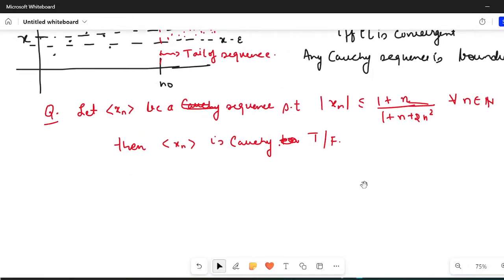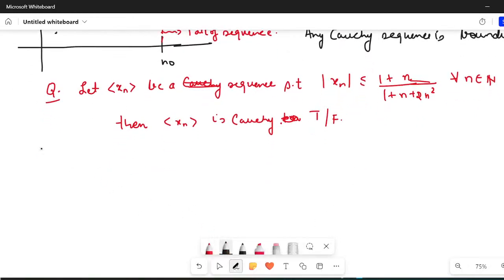Don't worry. I'm giving 2 minutes to solve this, and then tell me yes or no. If you think this is true, tell me true. If you think this is false, let me know.